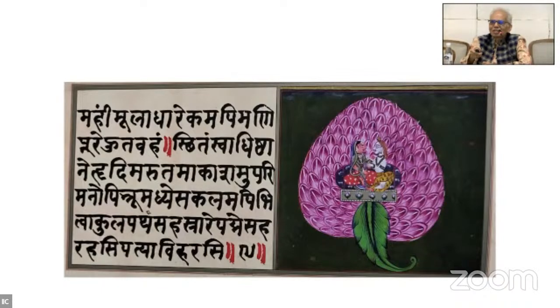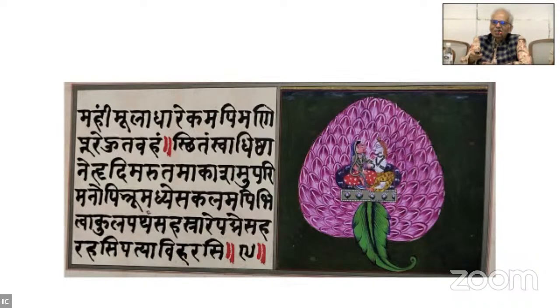Sahasrar Chakra, that is also described. So the painter has tried to create these chakras, and the lower part of it also represents some chakra. And then Shiva and the goddess, they are enshrined in the middle.